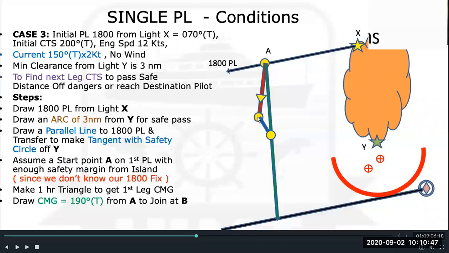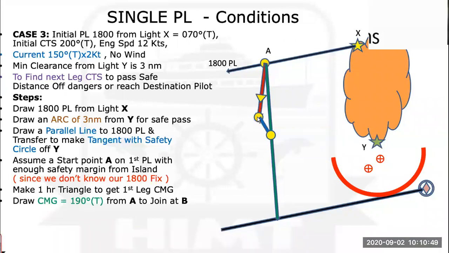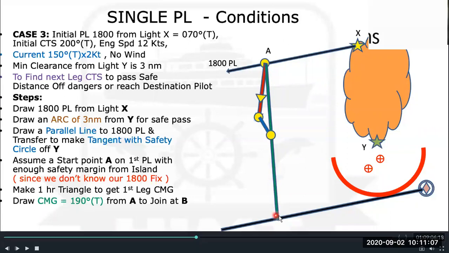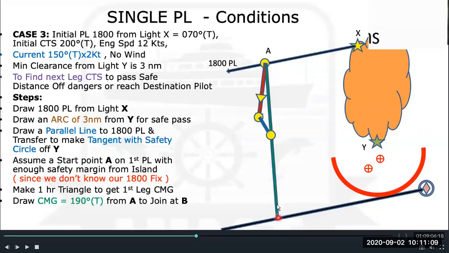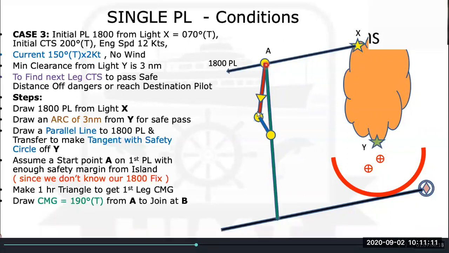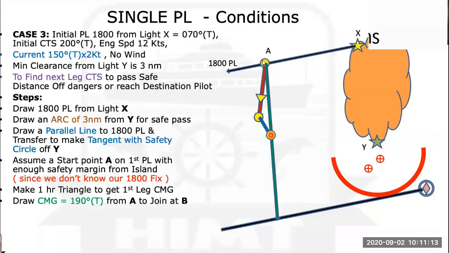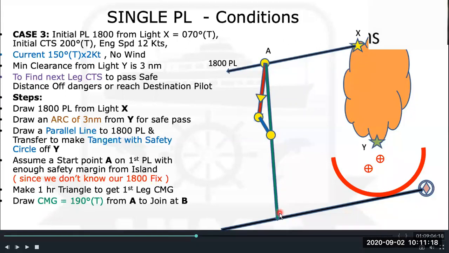For 1 hour it is 12 miles, so for 12 miles we have taken an arc, and then 150 for 2 knots. 1 hour we'll put, and wherever it cuts we will join from A to this point and extend it further. Wherever it cuts, again this will be our point B, because the ship is steering this course but the current is taking it here, and finally the ship is moving on this course made good line.